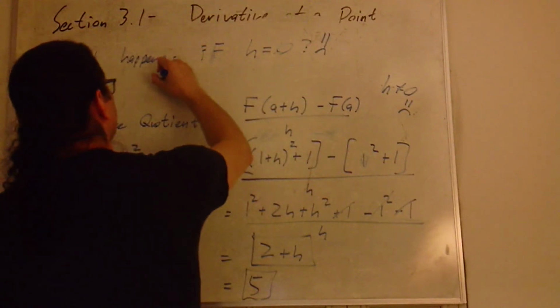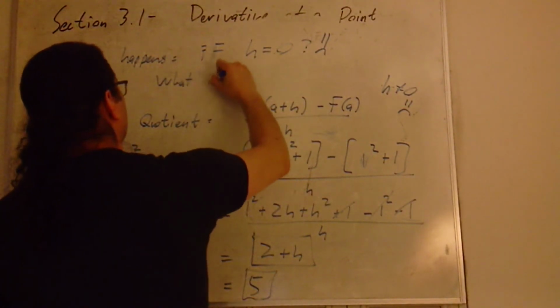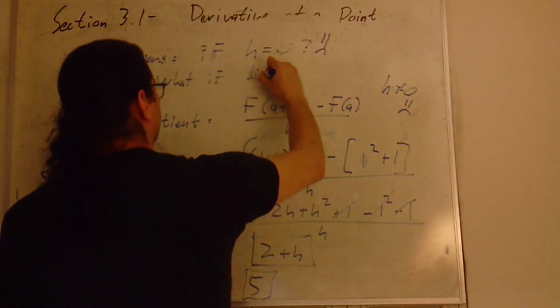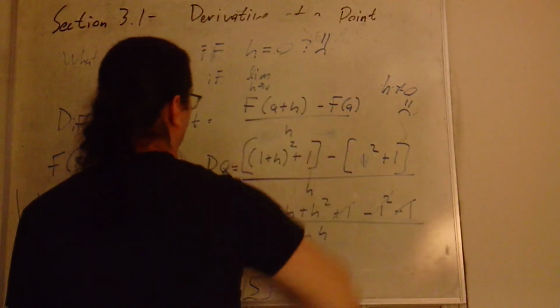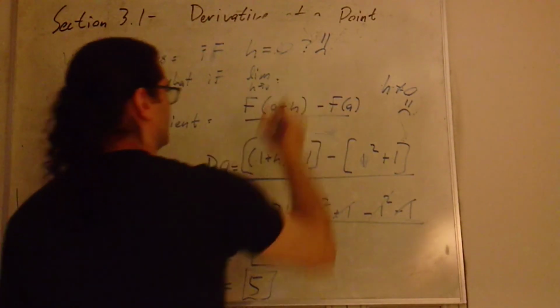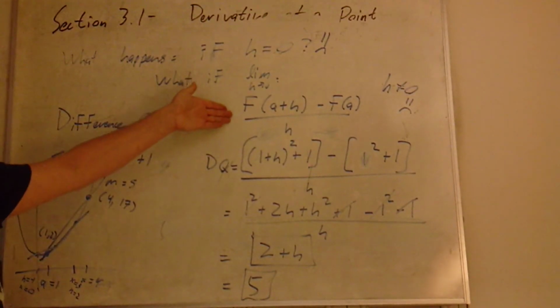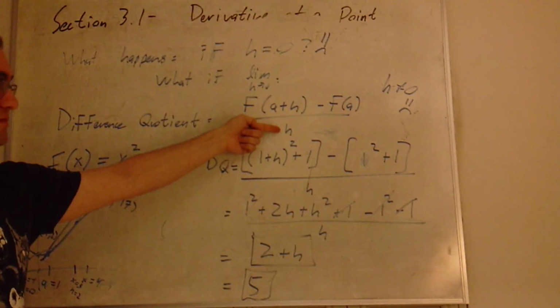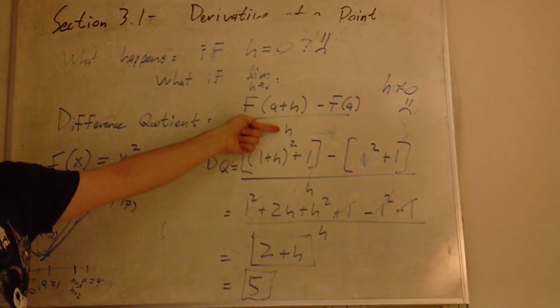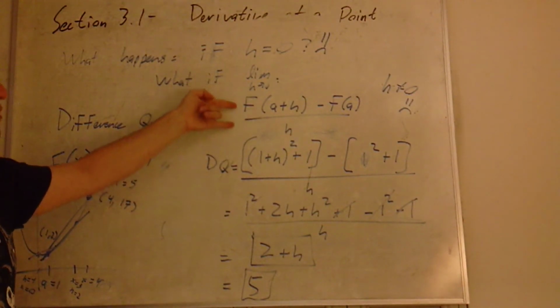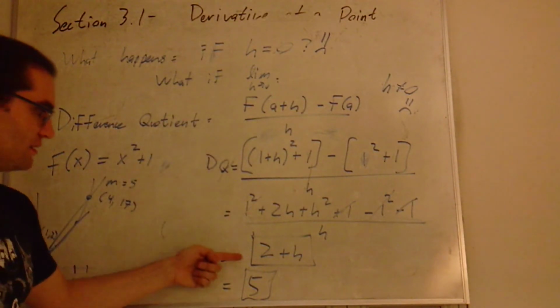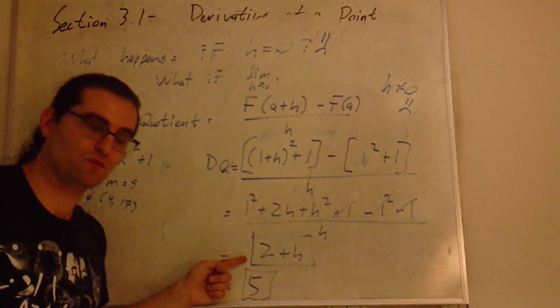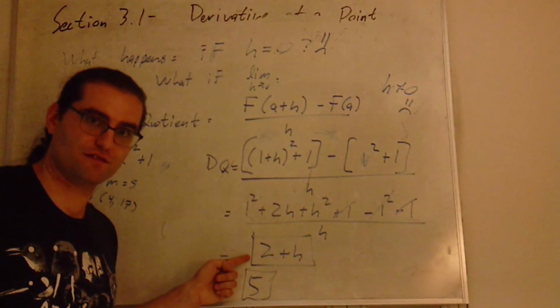What if we take the limit as h approaches 0? Plan A is always going to fail us because we have this h in the denominator. It's never going to work out. Plan B is going to work out really, really well every single time.